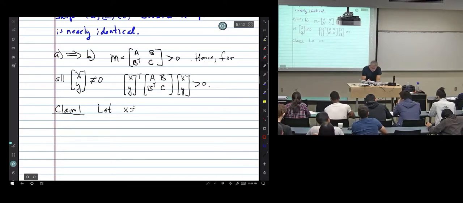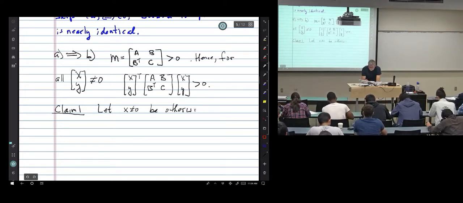Let's let X not equal to 0 be otherwise arbitrary. What happens if we set then y equals 0?